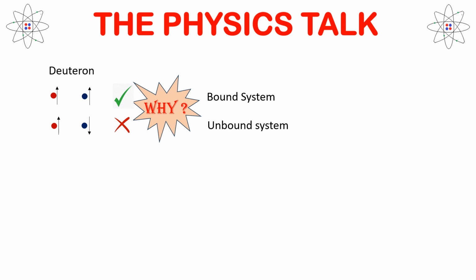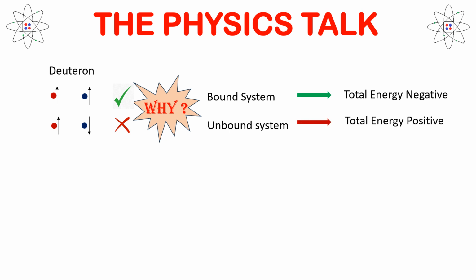And that is why it exists in nature. Now let us look at what makes a system bound or unbound. It is the total energy of the system. In case of a bound system, the total energy is negative. And for an unbound system, the total energy is positive.